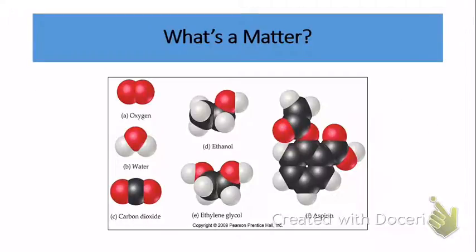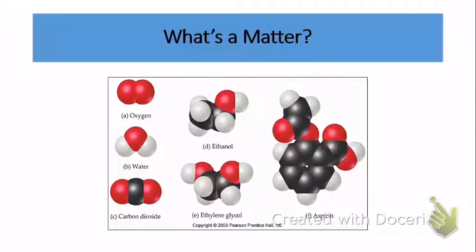All right, so here are some specific types of models. These are called space-filling models, and we will be using space-filling models throughout the year. Space-filling models just simply show us the atoms or elements involved in creating a compound and how they are arranged in three-dimensional space. Give you a few examples.